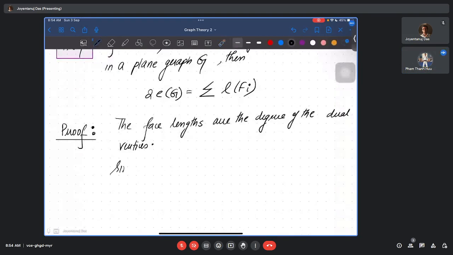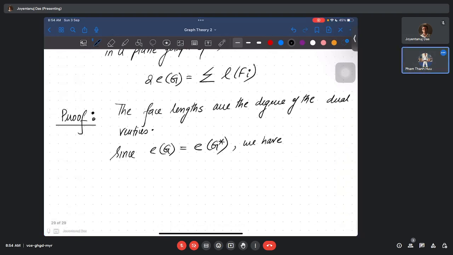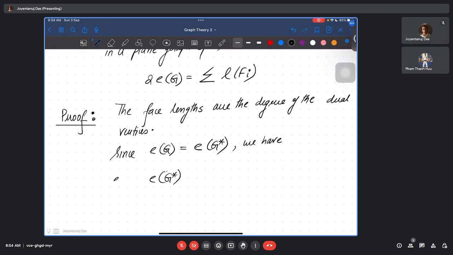And since the number of edges in G and the number of edges in G star are the same, where G star is the dual graph, the number of edges in G is equal to the number of edges in G star.